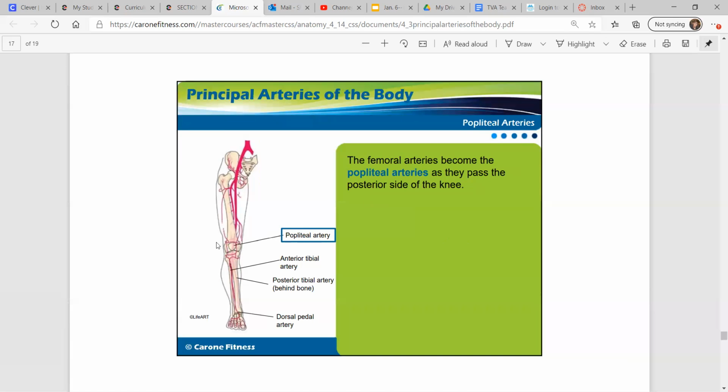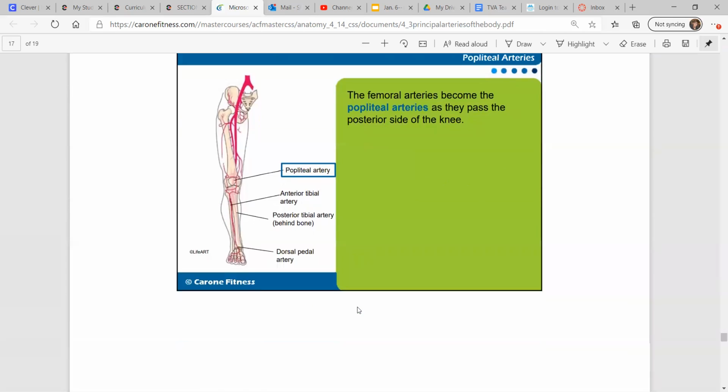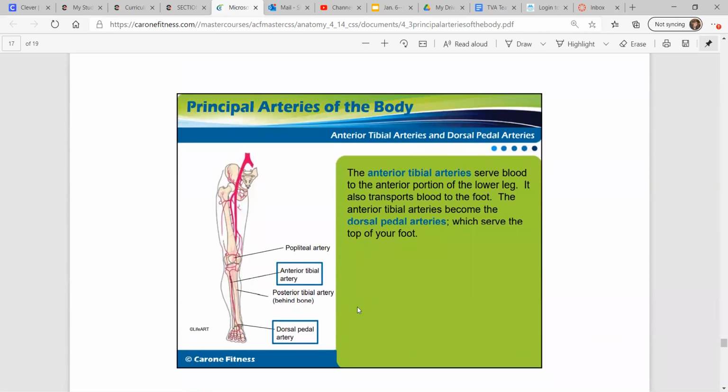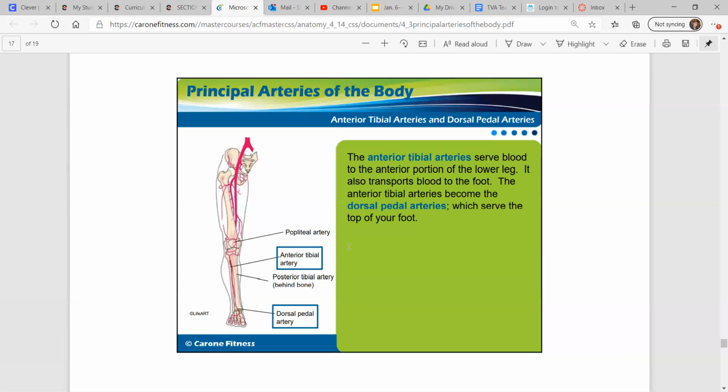And one of them being the popliteal arteries as they pass the posterior side of the knee. So right here, they become the popliteal artery. And further down we have the anterior tibial arteries. And those arteries serve blood to the anterior portion of the lower leg, so the front part of your lower leg. And it transports blood to the foot as well.